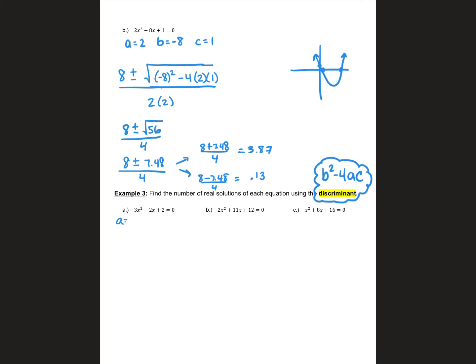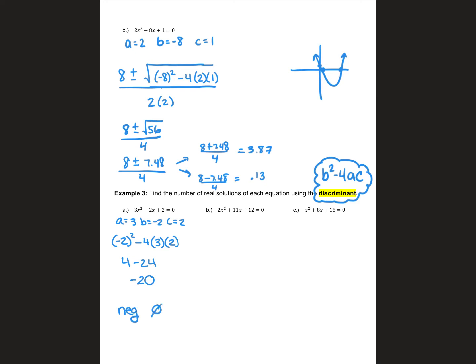So a is 3, b is -2, c is 2. So b squared, -2 in parentheses squared, minus 4 times a, which is 3, times c, which is 2. And we calculate this answer, and I got -20. There's rules about discriminants. If you get a negative number, there's going to be no solution.